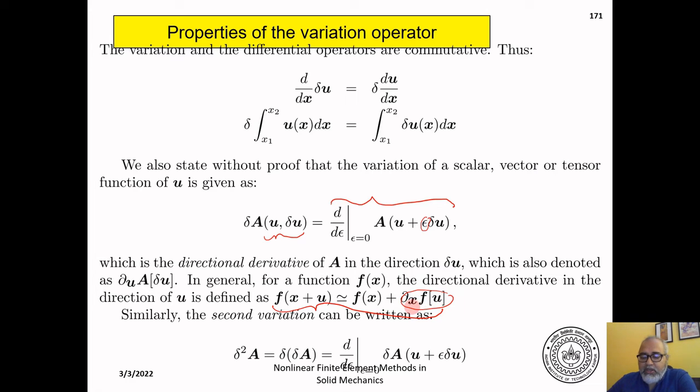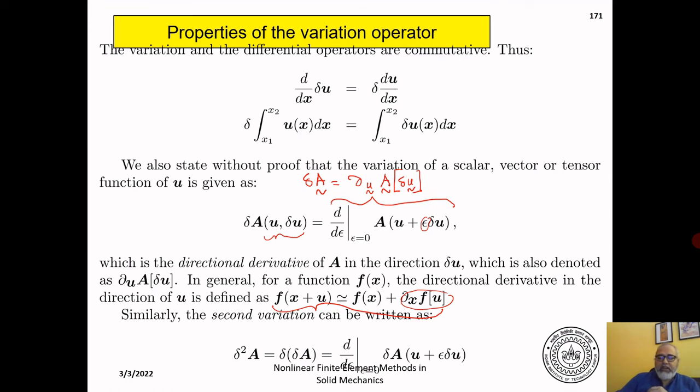This subscript tells you the directional derivative is with respect to x, and the square brackets tell you that the directional derivative is in the direction of u. So this quantity would be called the directional derivative with respect to u of A in the direction of delta u. This symbol will give you the first variation of A.